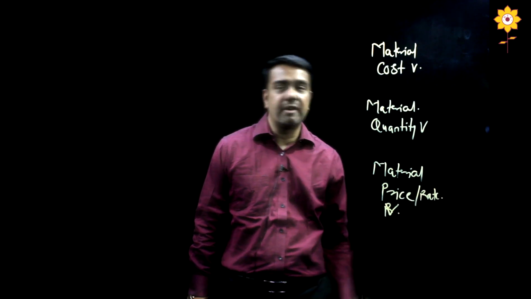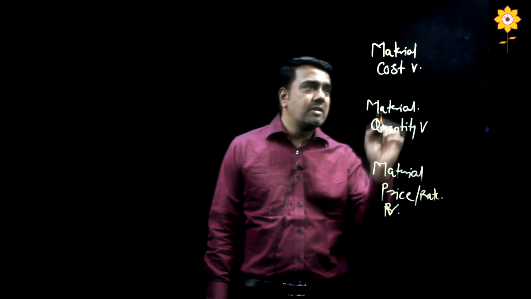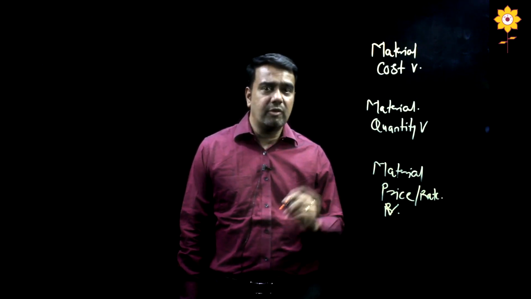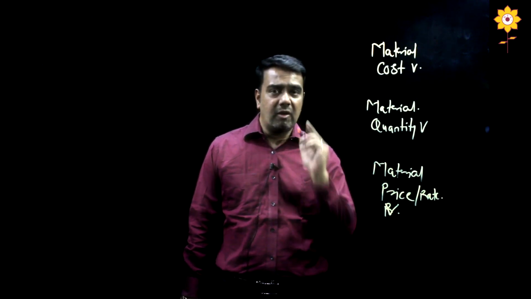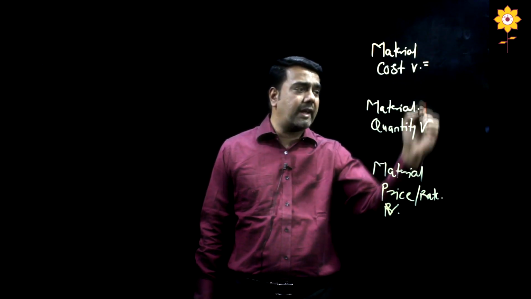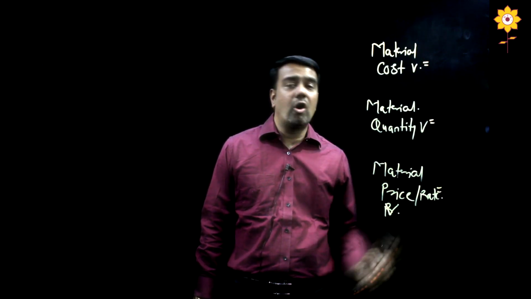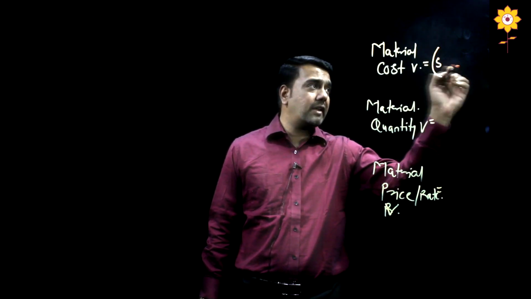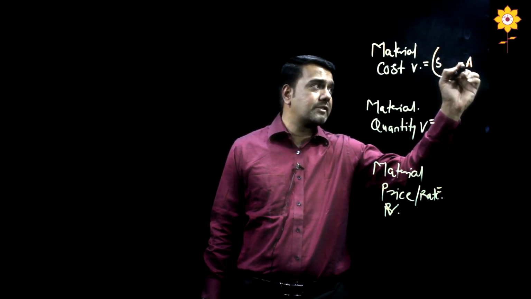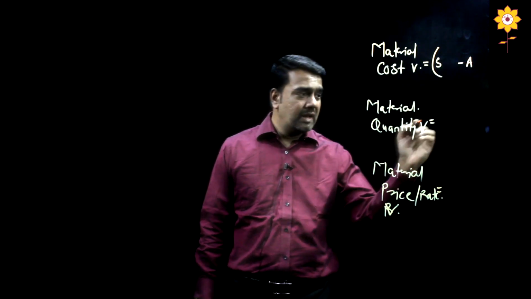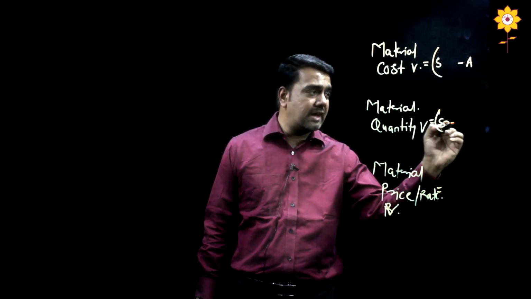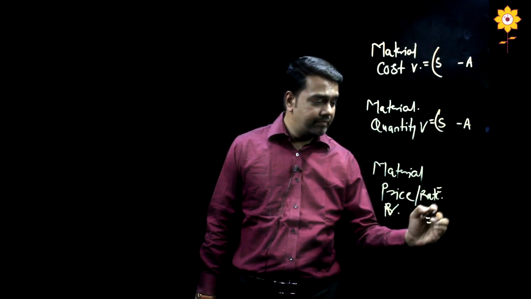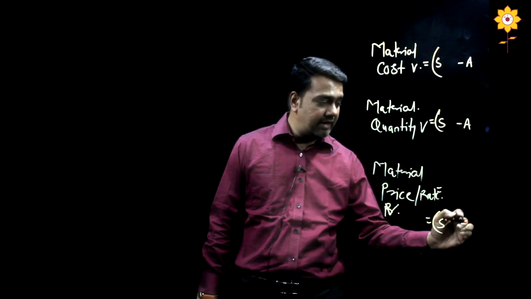So you can take any figure. Now, formula, you don't need to learn by heart at all. You can create the formula. If you remember the first rule that I have said, there should always be standard minus actual. So everywhere I am writing standard minus actual first. In every formula, there should be standard minus actual.